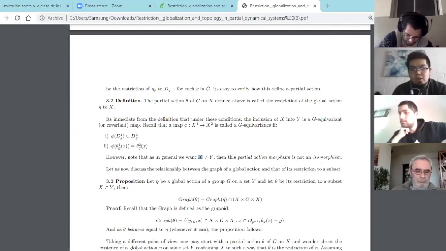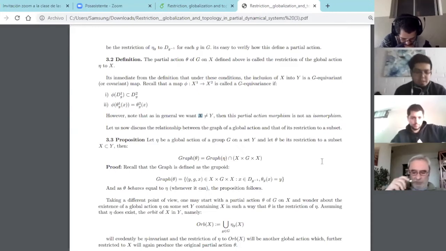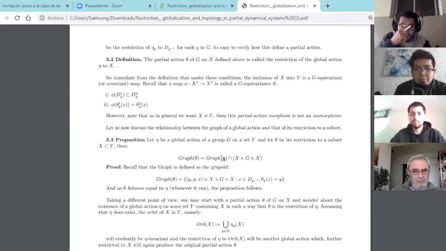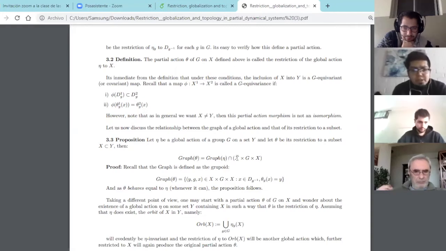I wanted to make a quick note that with these partial actions, we have built the graph of the partial action, and the graph also behaves well with restriction. If we have a global action, to find the graph of the partial action, we just have to find the intersection between X, G, and X again.